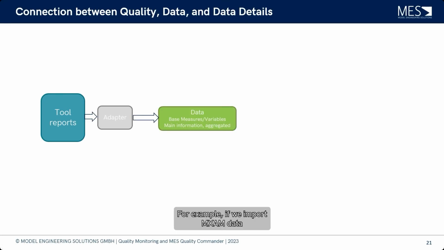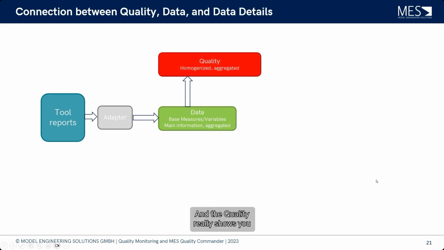For example, if we import MXAM data, we import the number of findings that failed or the number of guidelines that failed. Out of these data, we calculate the quality, and the quality really shows you what your project status looks like. But of course, this is only some information where the data and quality are linked.